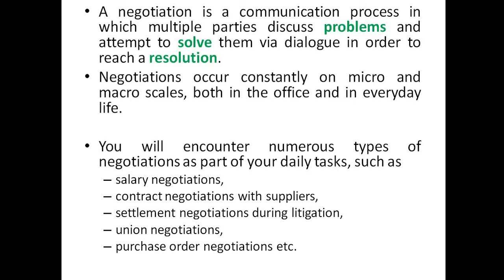You will encounter numerous types of negotiations as part of your daily task, such as salary negotiation, contract negotiations with suppliers, settlement negotiations during litigation, union negotiations, purchase order negotiations.